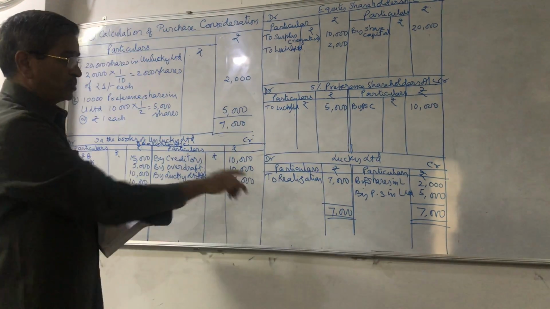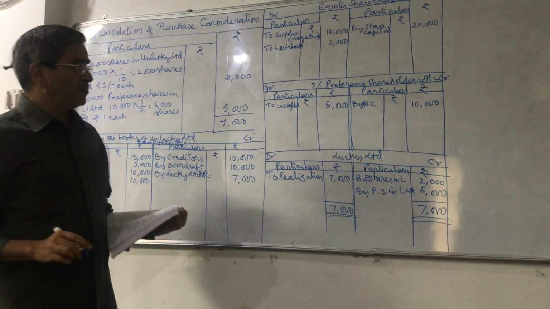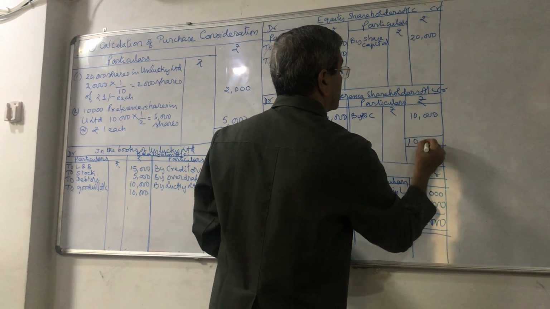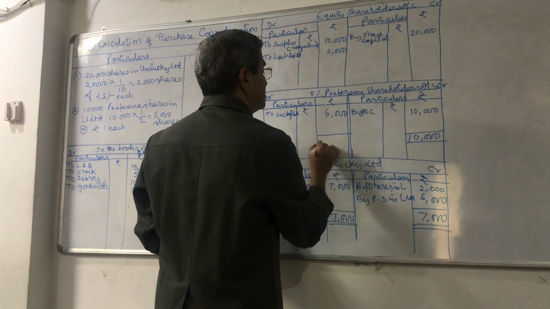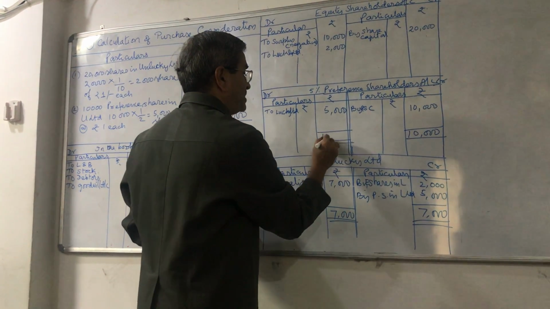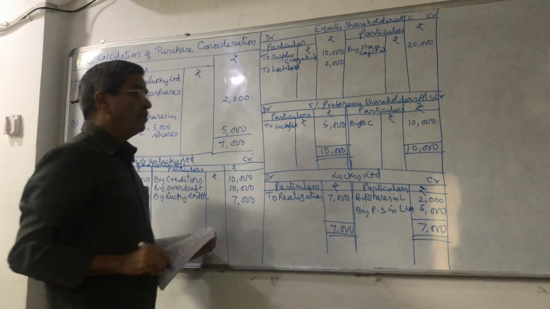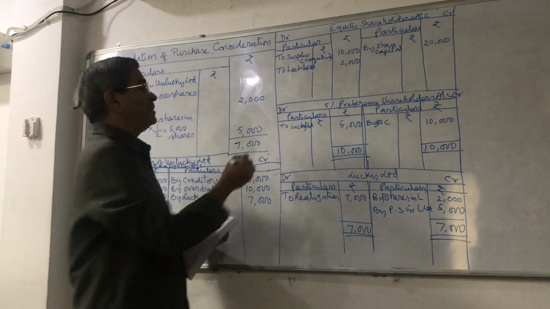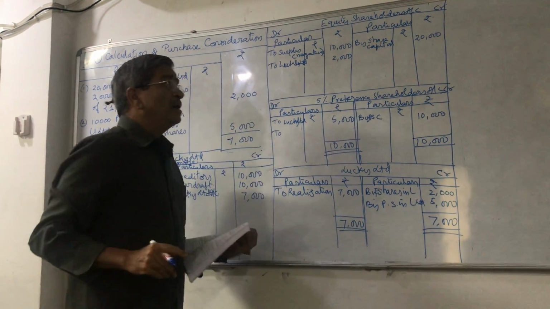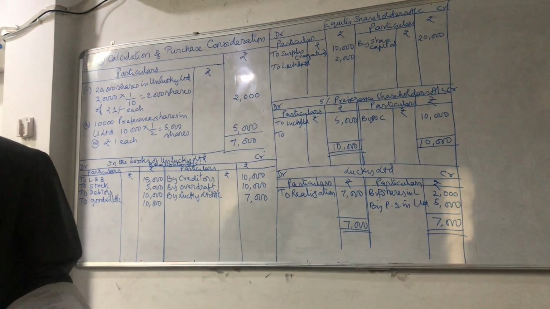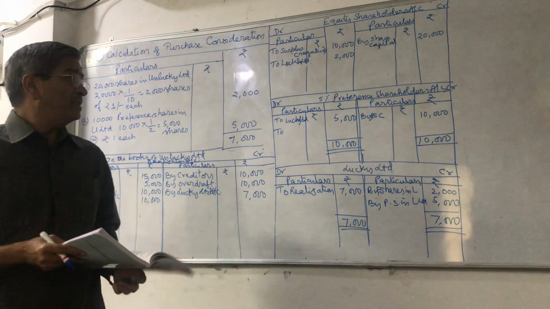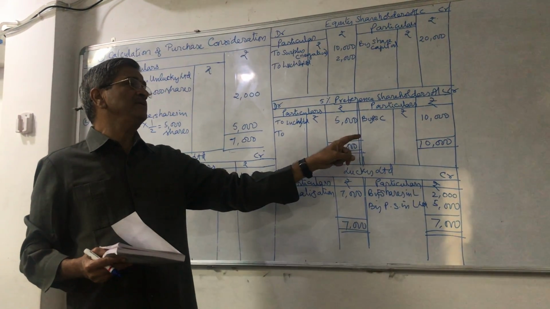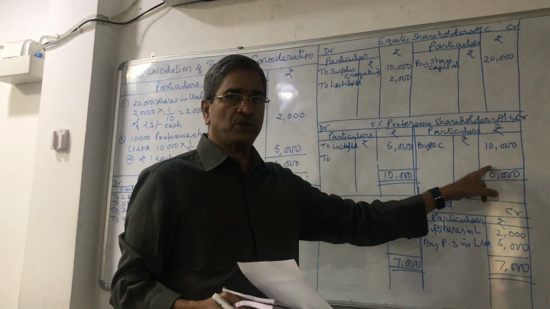This completes this account. Now if you carefully observe, preference shareholders are getting only 10,000. The loss on realization they need not bear, but we are paying only 5,000 for paying 10,000. That means the firm is getting benefited. This company is getting a benefit of 5,000 by discharging a lesser amount to the preference shareholders.